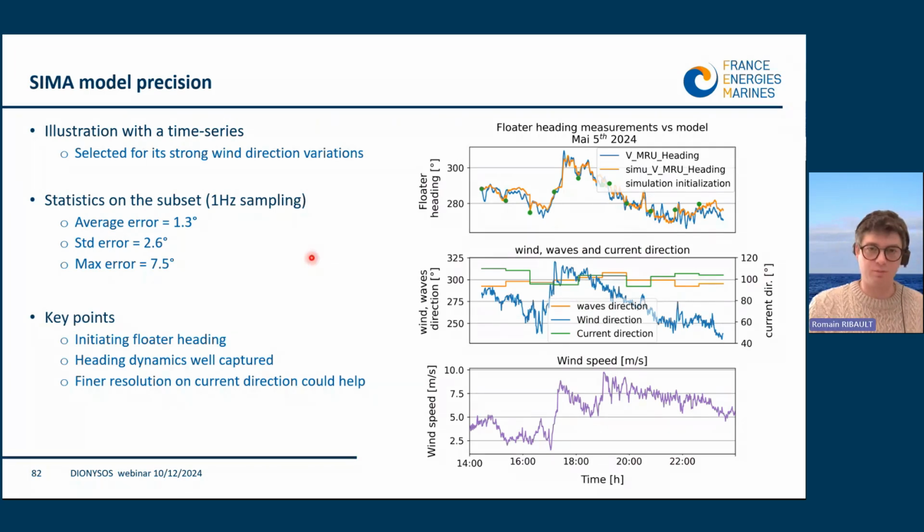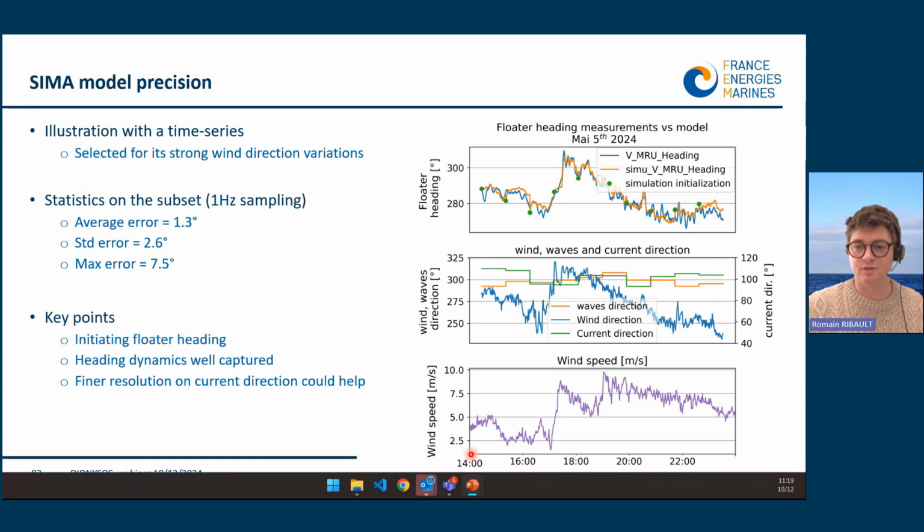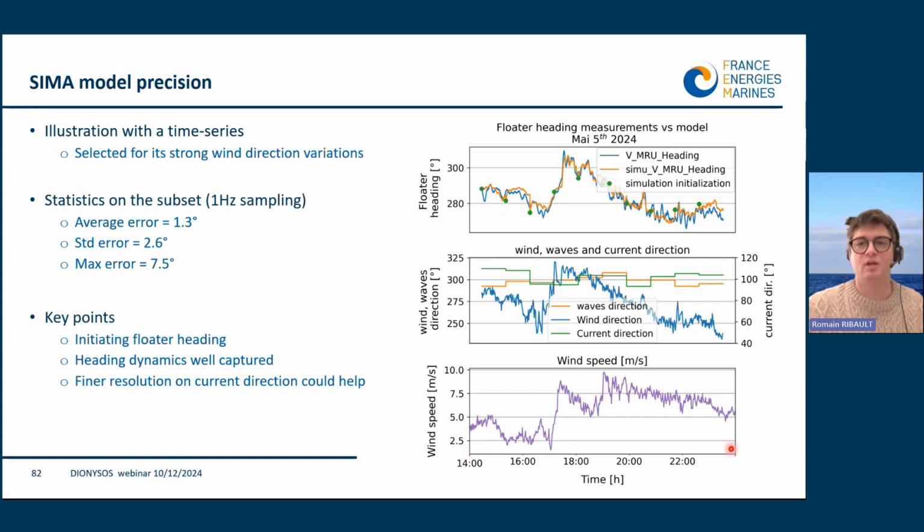To compare model and measurements for some degrees of freedom, we can directly have a look at time series. Here is an example of a full afternoon. On the top, you can see the floater heading: in blue, the measurements of the heading of the floater, and in orange, the behavior of the floater in the model.